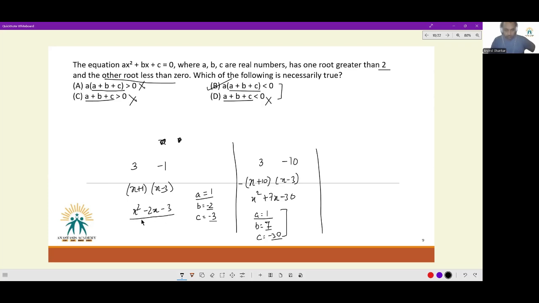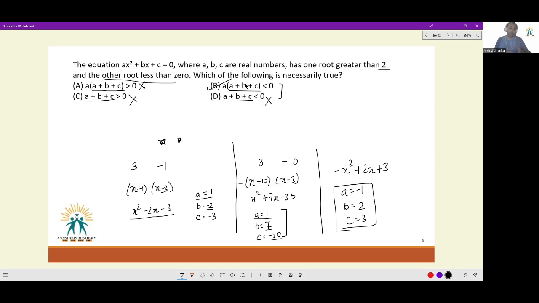Can you see what would happen to this expression? It will turn to minus x squared plus 2x plus 3, which gives a equal to minus 1, b equal to 2, and c equal to 3. Now, a plus b plus c is not less than 0, which will rule out option D, and then we can go ahead and mark option B.